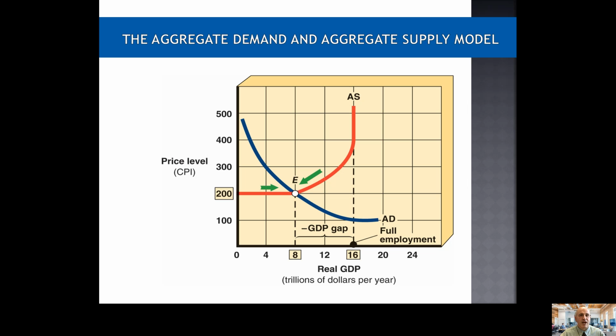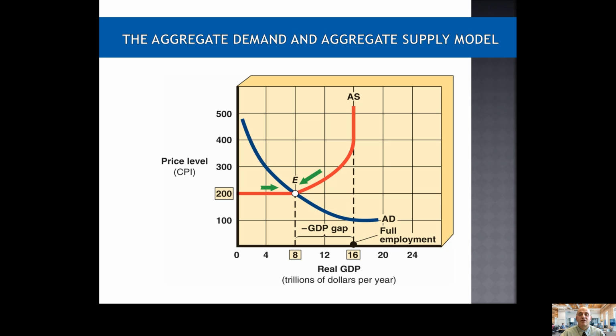I had you skip chapter 20, which focused a great deal on the aggregate supply and aggregate demand model, mostly because I didn't want you to get caught up in the different philosophical perspectives of it. But if you've had microeconomics, it might make a lot of sense. Aggregate demand and aggregate supply kind of look like the supply and demand of microeconomics.